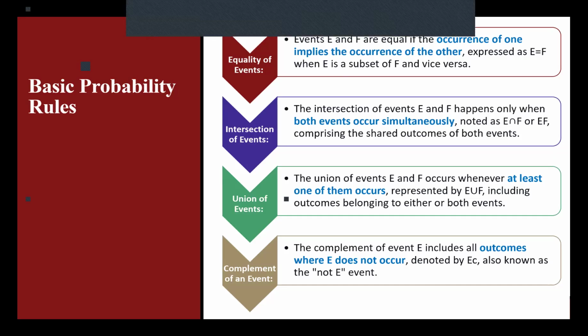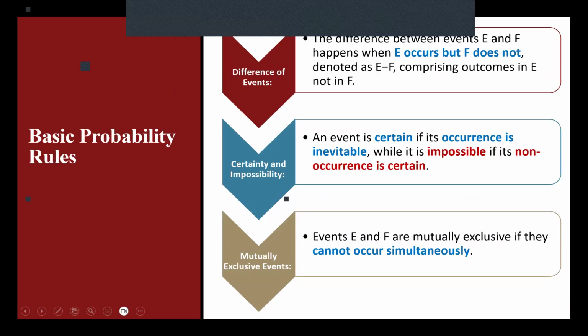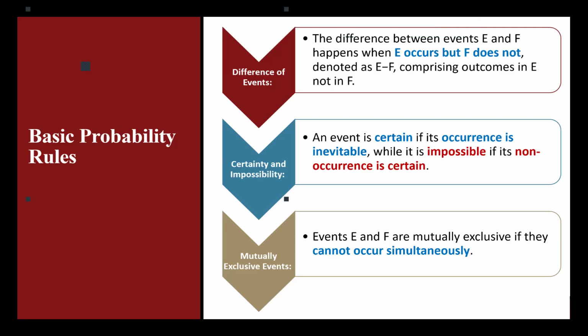When we say the difference between events, which is kind of the same as subtraction in scalar math, the possible outcomes are all the elements in E minus the shared elements.